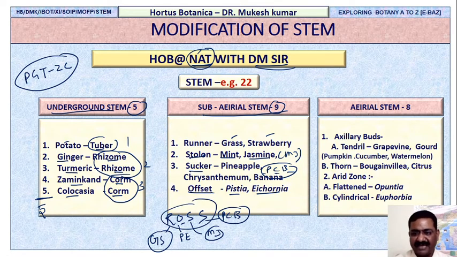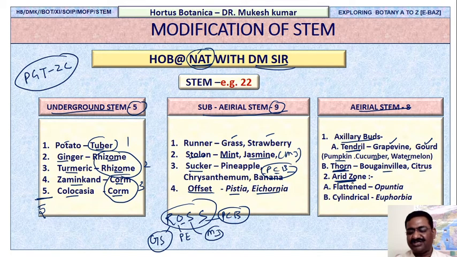ROSS. Now the axillary bud, aerial stem. The axillary bud either turns into a tendril or turns into a thorn. In tendril, examples are grapevine and gourd. It is given in our NCERT. In gourd, 3 examples: pumpkin, cucumber and watermelon. In thorn, bougainvillea and citrus. It might be possible that the aerial stem is found in an arid zone.